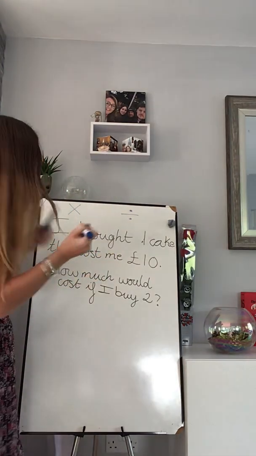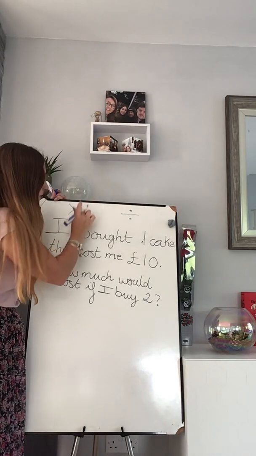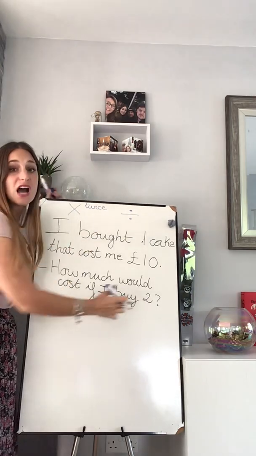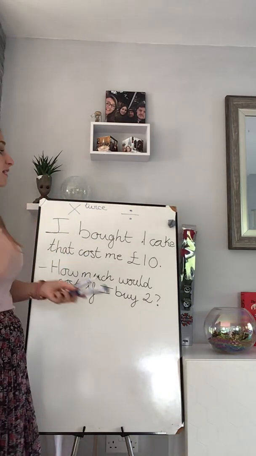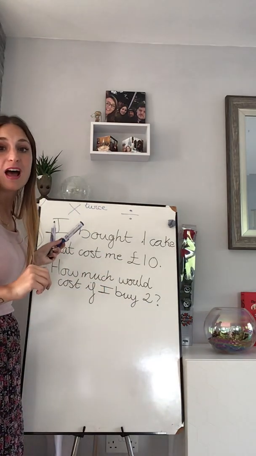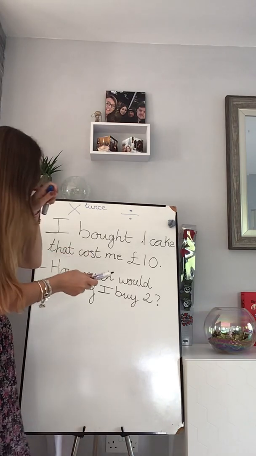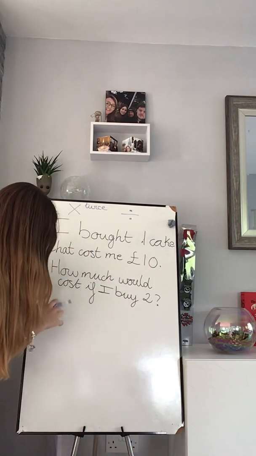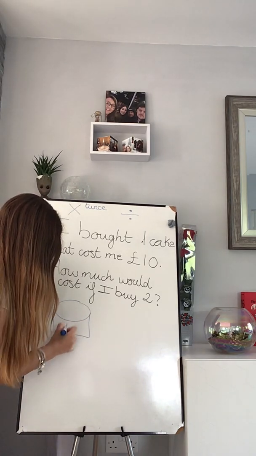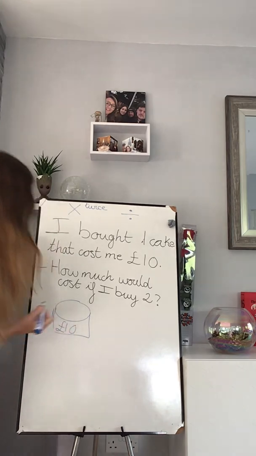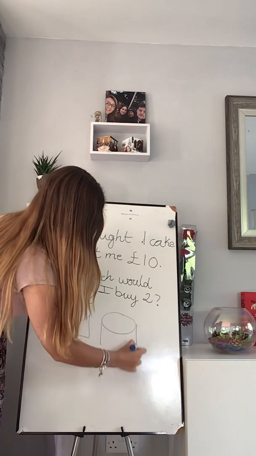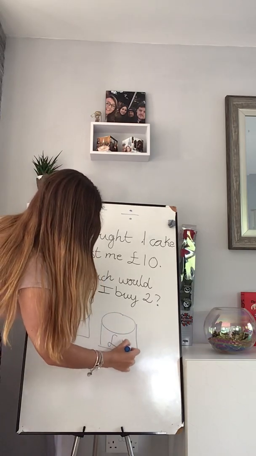I'm multiplying it. So for multiplication, we have now the word that I'm doing it twice. I'm buying it 2 times. That means I'm buying 2 times that cake. So I'm multiplying it, isn't it? So I have one cake that cost me £10, and then I'm going to buy another cake that cost me £10.